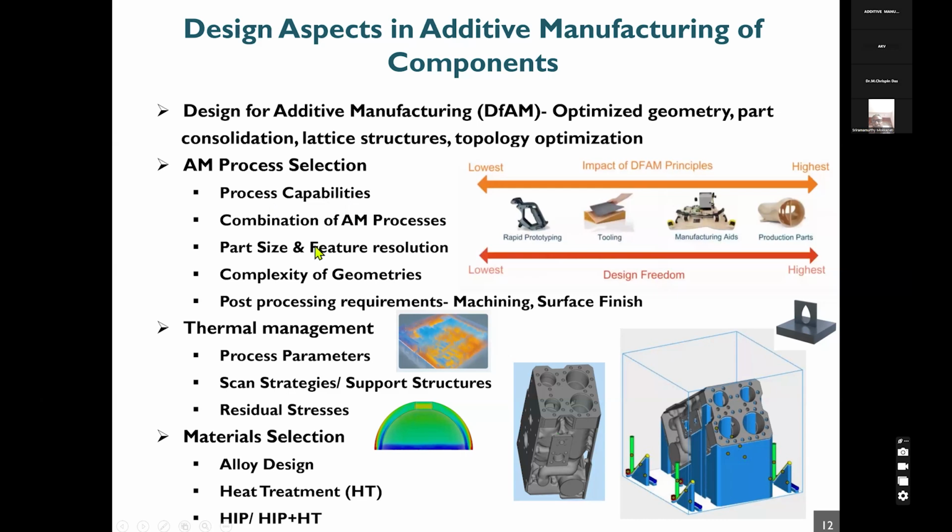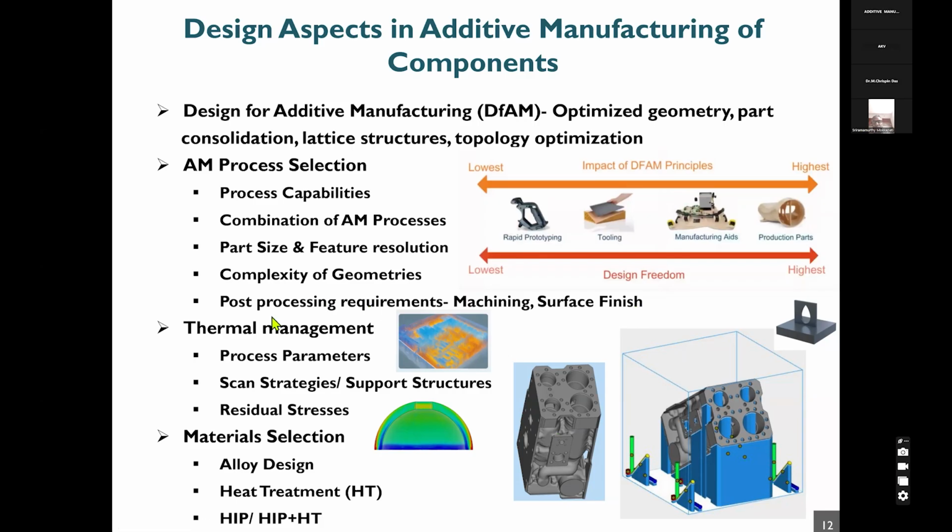You can look at a combination of additive manufacturing processes to realize a particular part. And of course, you need to look at the part size and the features that are there in the part before choosing a particular process. And also you need to look at the complexities of geometries. You also need to look at the post-processing requirements in the form of machining and surface finish requirements based on the drawings that are there for different systems.